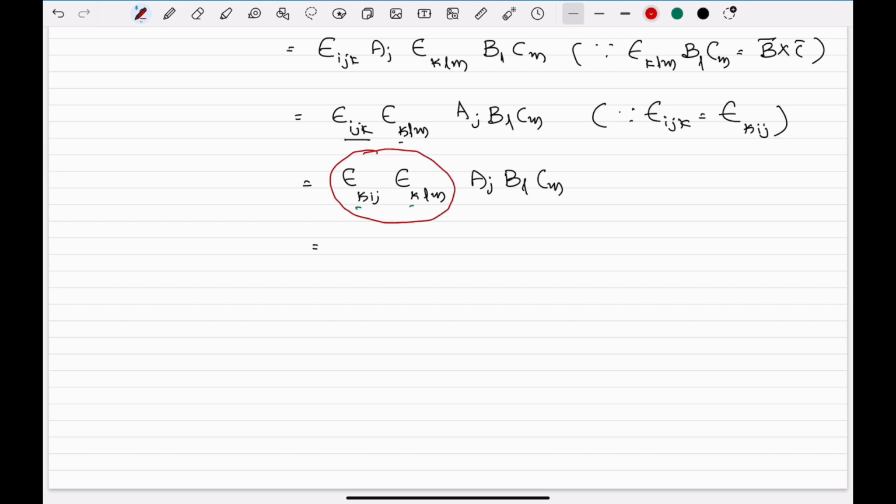This will be same. This portion we will be rewriting in the form of Kronecker delta.